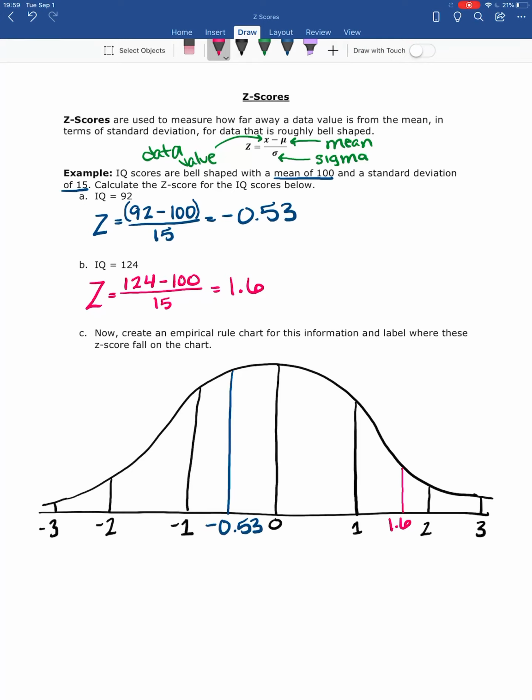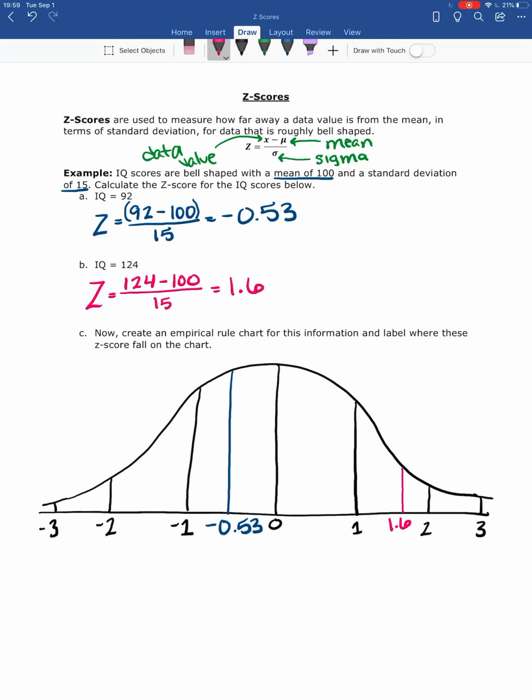Now this is a positive z-score, so I know it needs to be on the right-hand side of the mean. And remember, the z-score for the mean is 0. And then it falls between 1 and 2. So this tells me that 92 is just over half a standard deviation below the mean, and 124 is a little over 1.5 standard deviations above the mean.